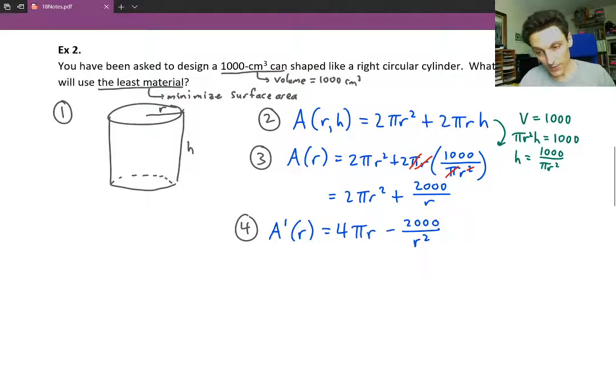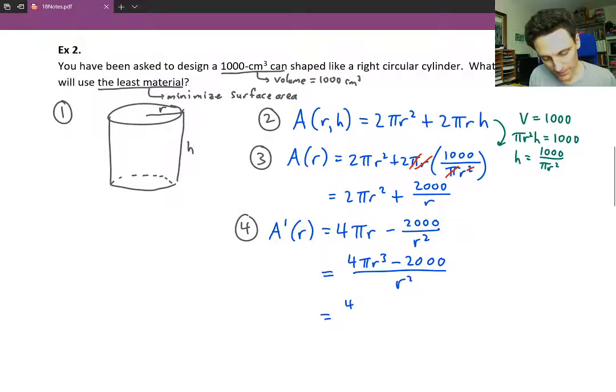So there's the first derivative. Now, what I could do is combine this together into a single fraction. So we would have 4 pi r cubed minus 2,000 over r squared. And then we could, if we wanted to, factor out the 4, and we get 500.